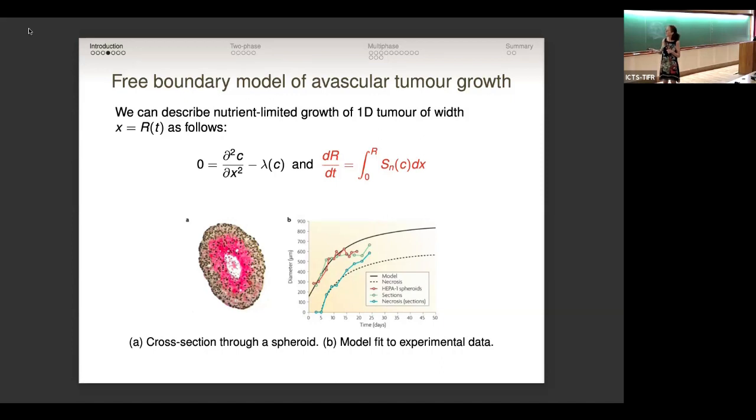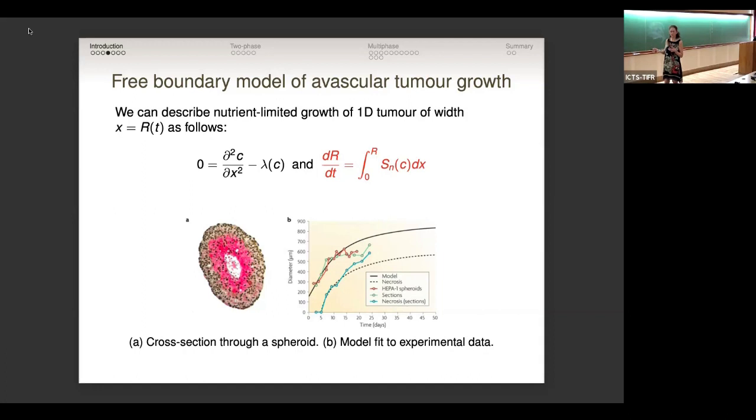So given a particular domain size or tumour size, say radius capital R, I can work out what the nutrient distribution is within that particular tumour volume, and then I update my tumour radius. It responds, and it responds according to this funny looking integral differential equation. So it looks weird, but let me decode it for you.